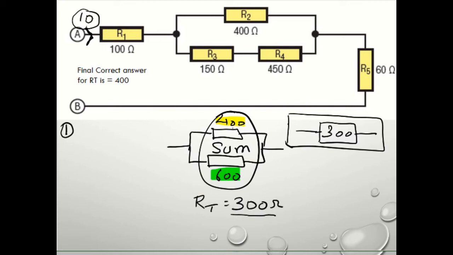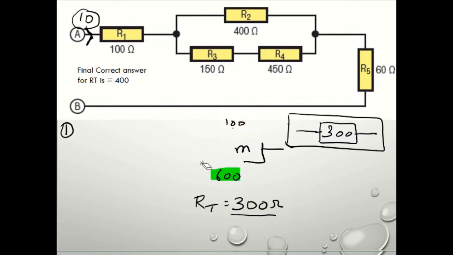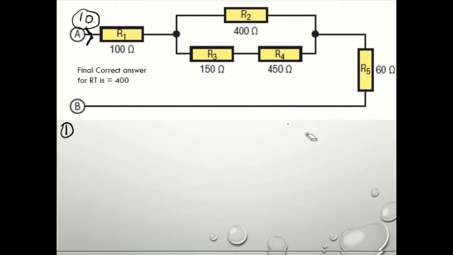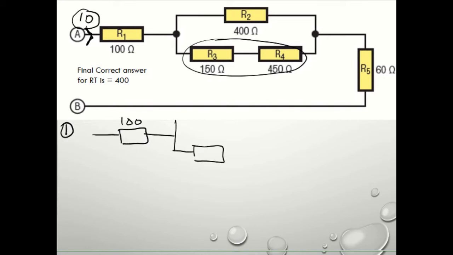Having said that, let's move along a little bit and see if we can start to solve this. This is equal to 100 ohms. I would suggest that these two resistors here, 400 plus 500, is 600 ohms.